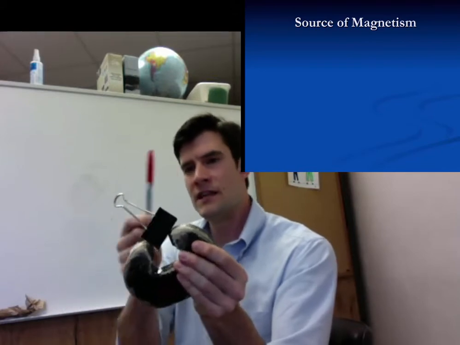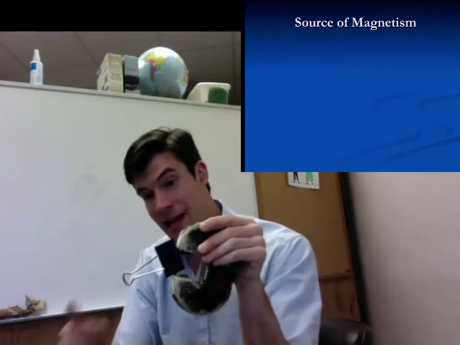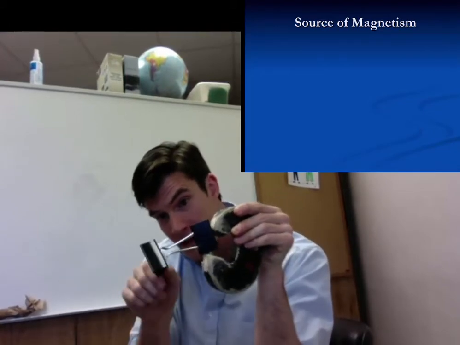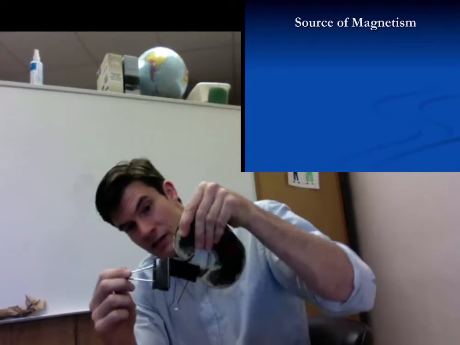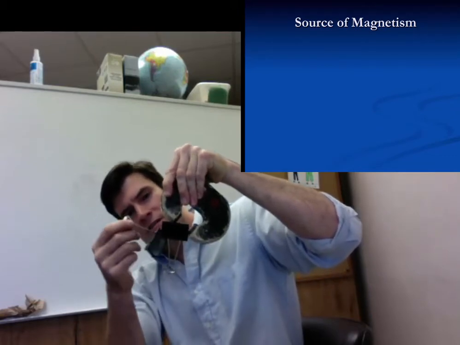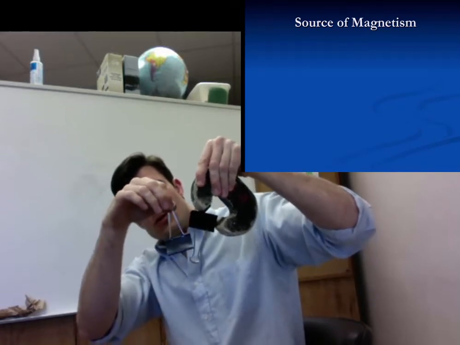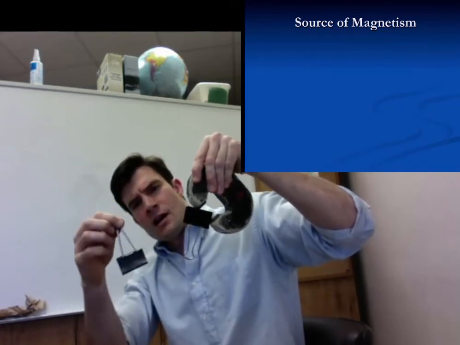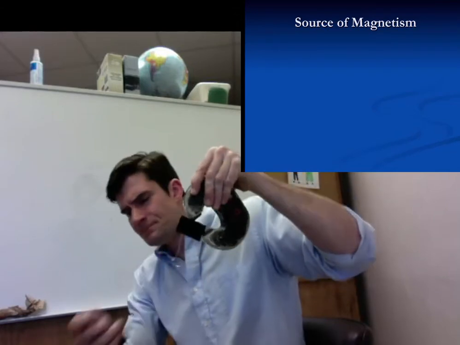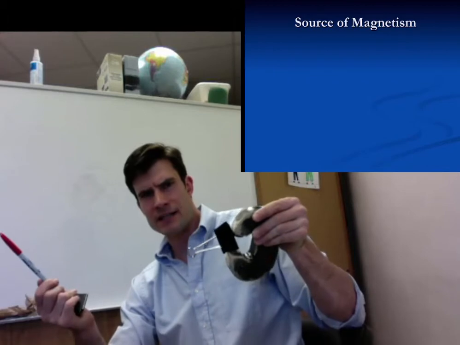What is it about these three materials, one that's a permanent magnet, one that can be magnetized, and in fact, if I take another paper clip, it can be attracted to the first one, so it can display some magnetic properties. It's kind of weak, but there you can see it's being attracted to it just a little bit. So this can become a temporary magnet, and then we have this material, which isn't magnetized at all.